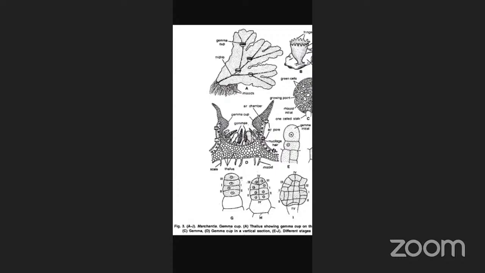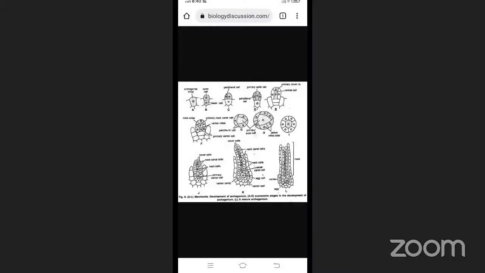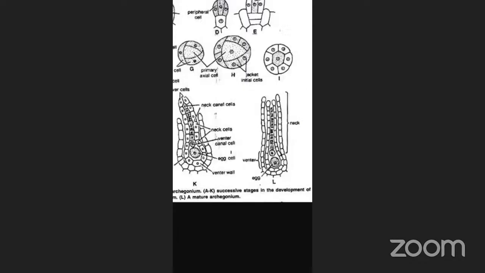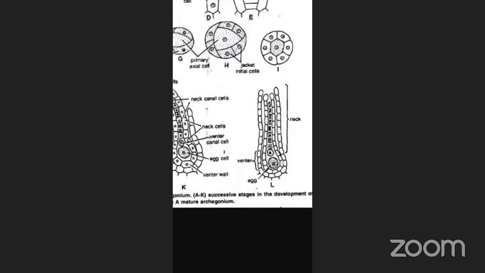In sexual reproduction, the oogamous type of reproduction occurs. This is the flask-like structure, the archegonium, with a long neck and venter canal cells.